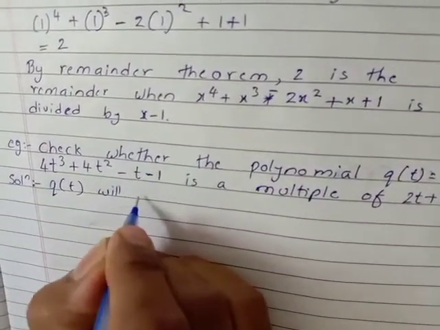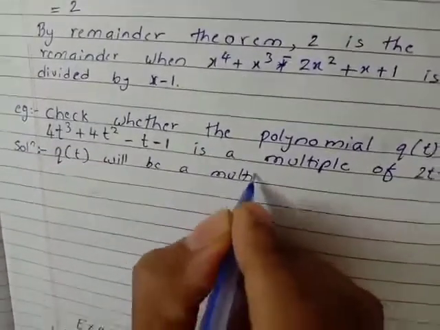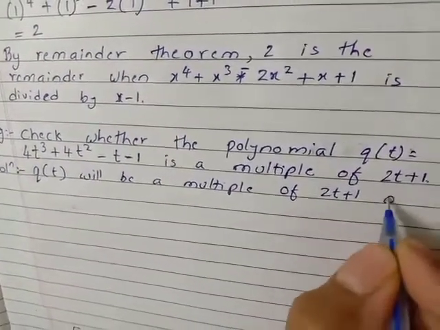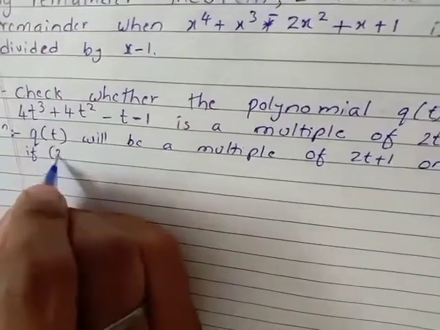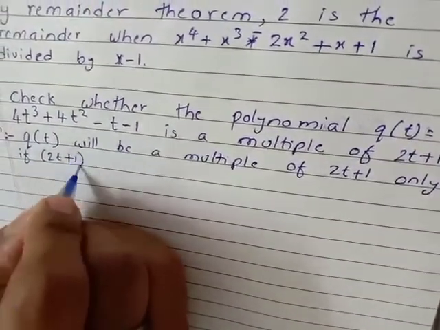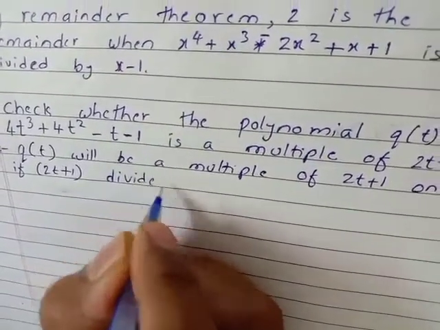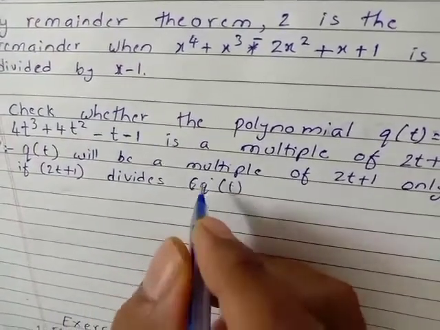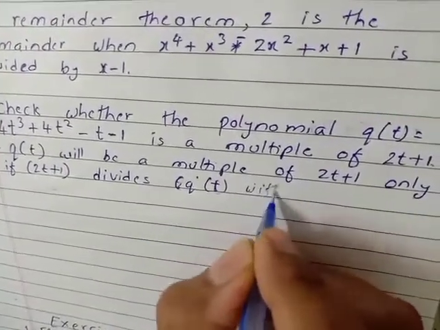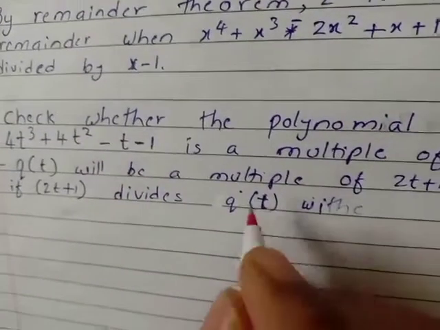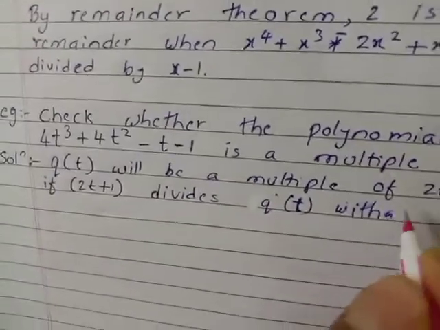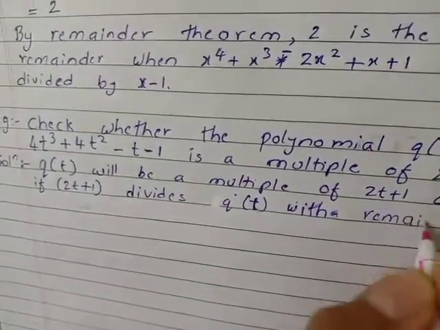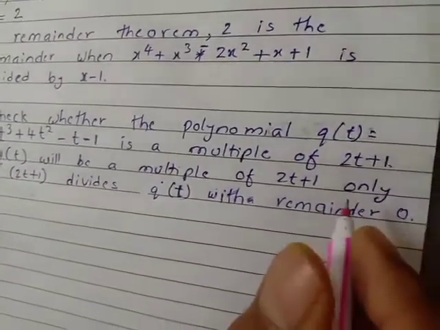Now q(t) will be a multiple of 2t plus 1 only if 2t plus 1 divides q(t) with remainder 0, okay.